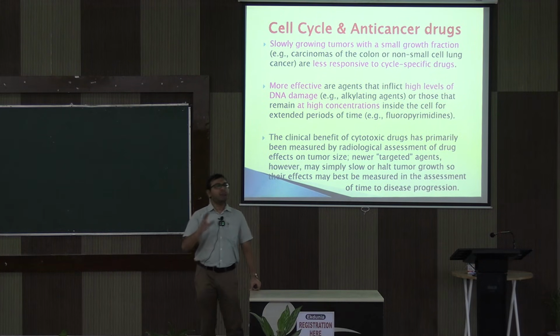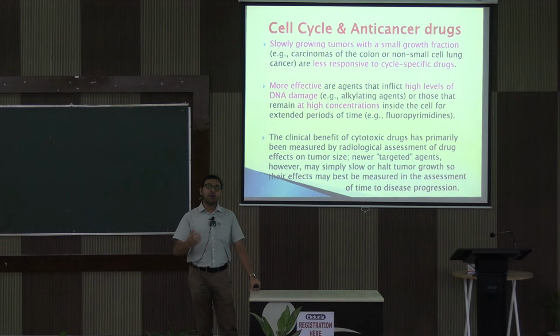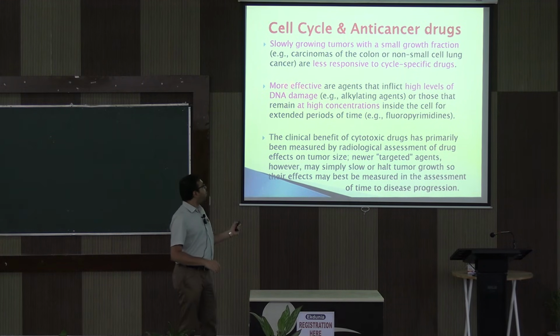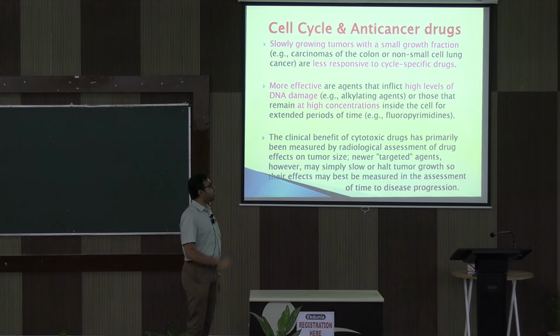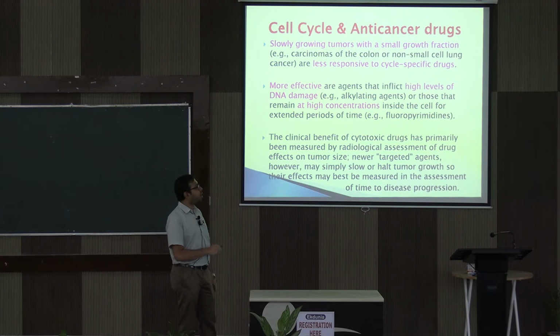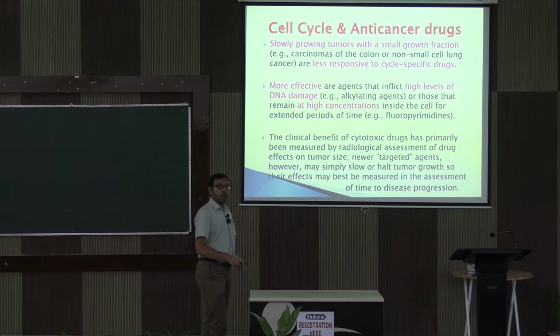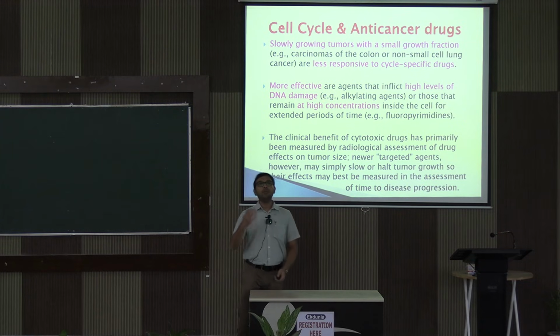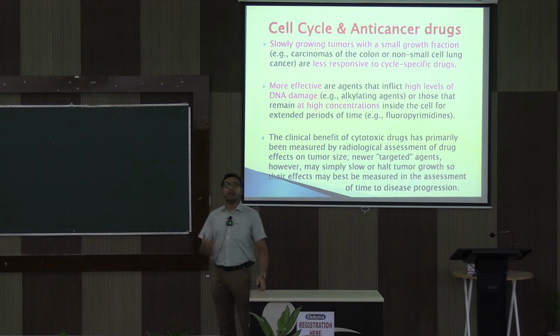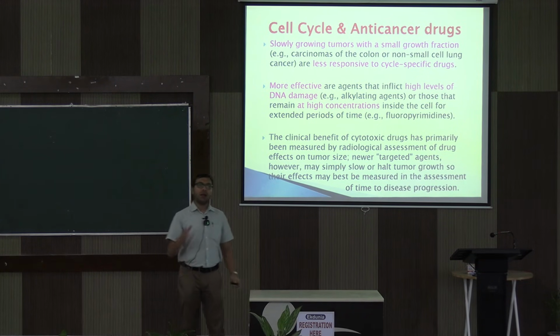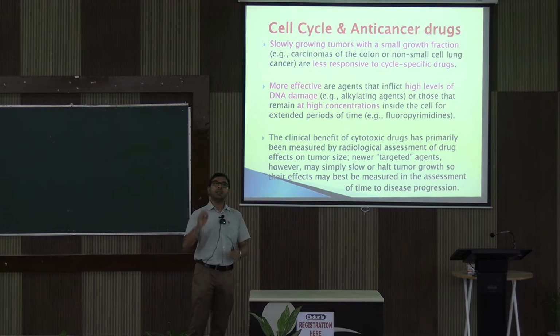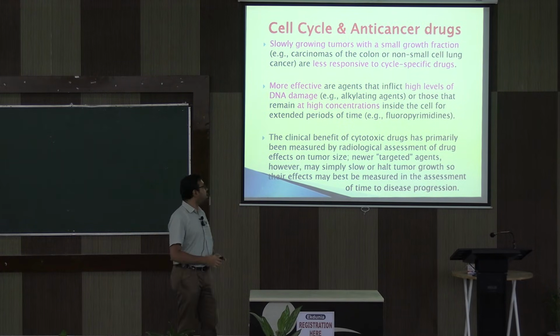Even if they are active, they are less specific as well as less responsive. More effective are the agents that inflict high levels of DNA damage like alkylating agents, and those that remain at high concentrations inside the cell for an extended period of time like fluoropyrimidines. So these drugs are very potent because alkylating agents alkylate the DNA and ultimately destroy it even if the cells are present in different phases of the cell cycle.